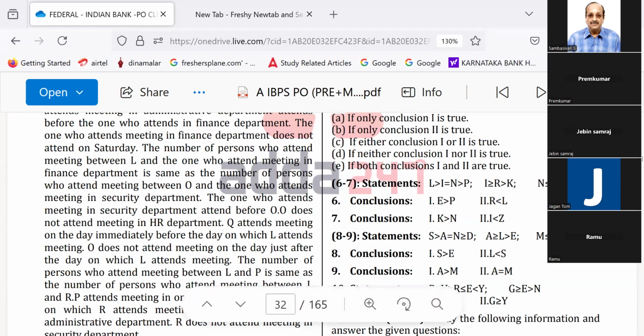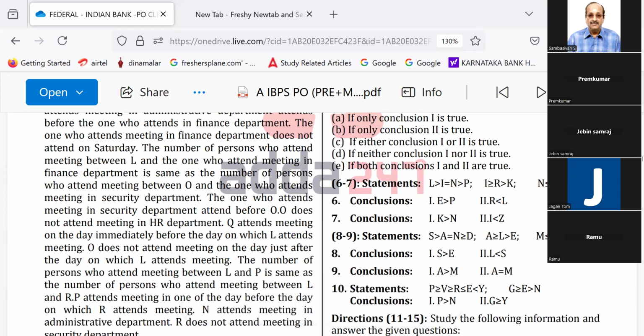This is for 6 and 7 only. The balance 8 and 9 are given separately, and 10 separately. Please work out.